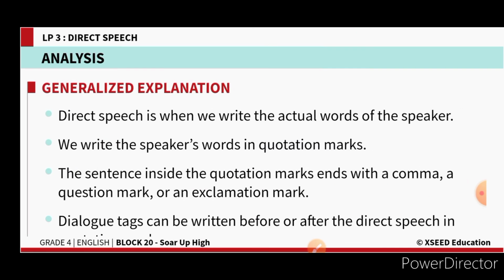Direct speech is when we write the actual words of the speaker. We write the speaker's words in quotation marks or inverted commas. The sentence inside the quotation marks ends with a comma, a question mark or an exclamation mark. Dialogue tags can be used before or after the direct speech.